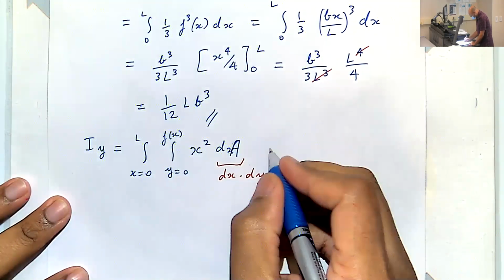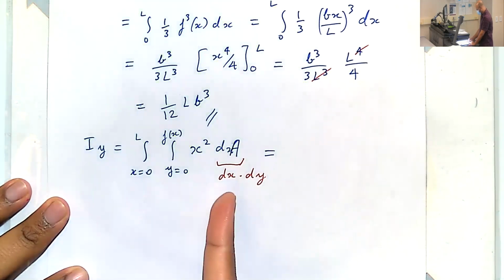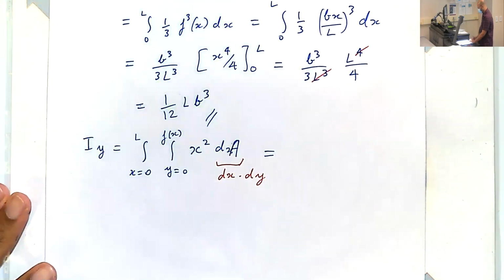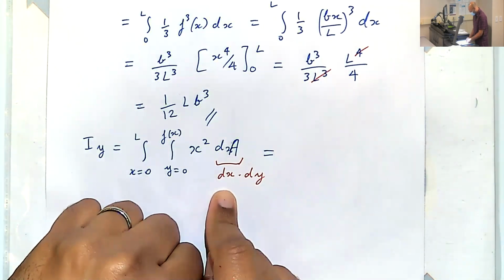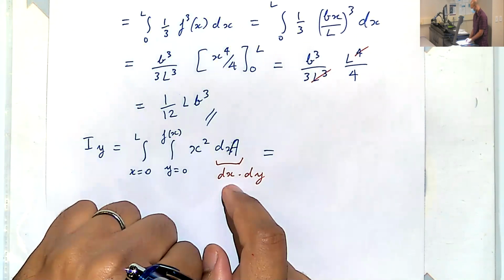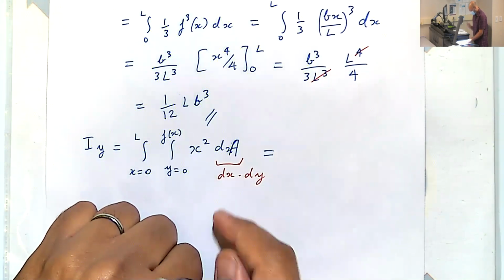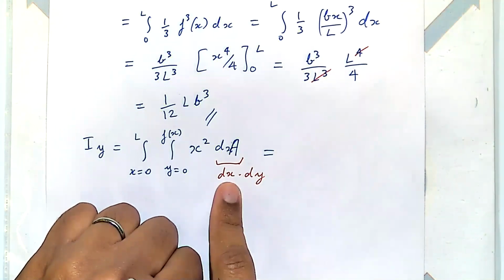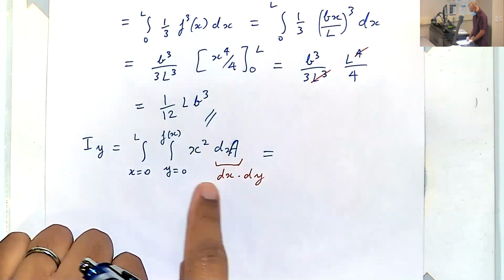Okay, and again, to get you into the habit, which one do we evaluate first? Dx or dy? The x integral or the y integral? The x? You say we evaluate the dx first because there's an x squared?